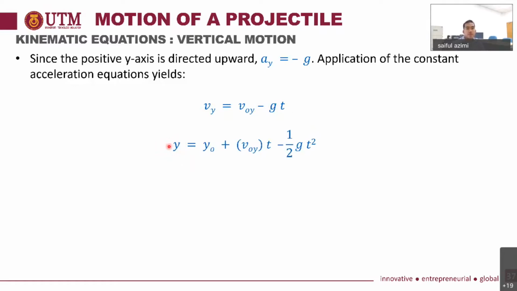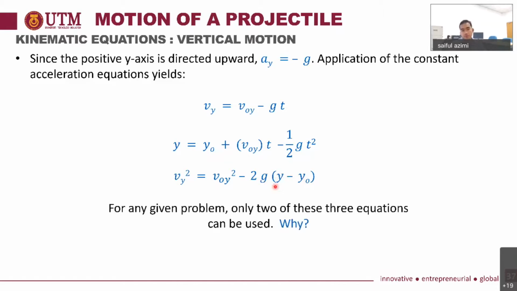The final position of y equals the initial position of y plus initial velocity of y multiplied by t minus 1/2 gravity multiplied by time squared. And Vy squared equals Voy squared minus 2g times the final position minus the initial position.